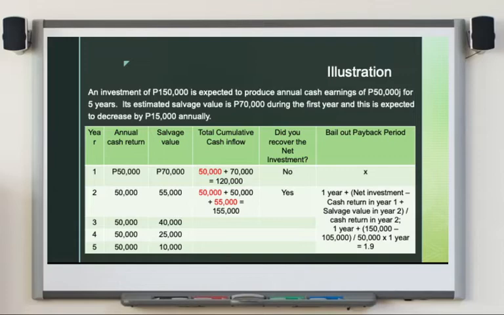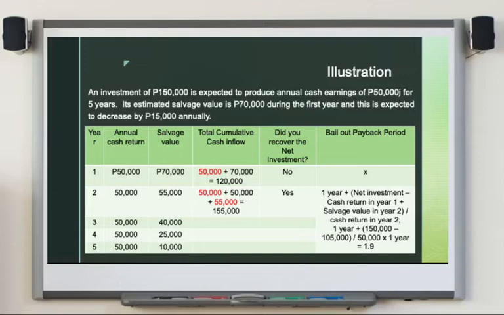So at this point, we haven't recovered all our initial investment of 150,000. We cannot conclude that we can recover our initial investment in 1 year only, because after a year, it's not yet enough to recover the entire 150,000.